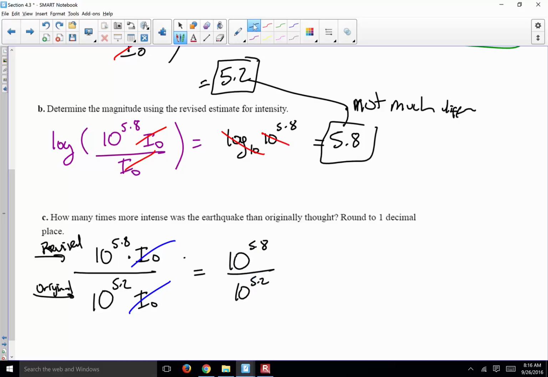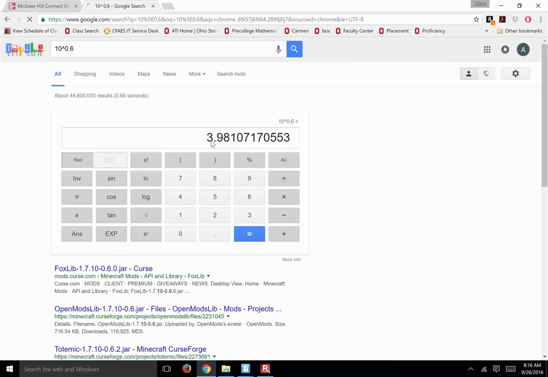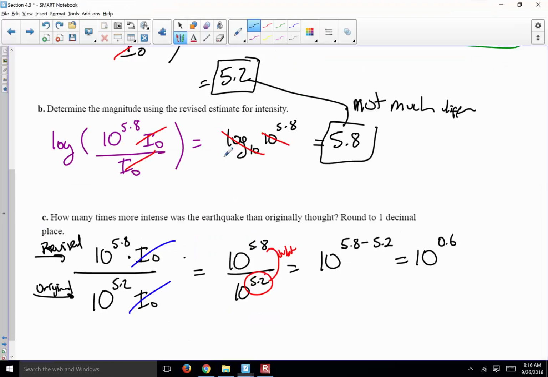If you have two exponential expressions with the same base, I can combine them by subtracting their powers. You subtract the bottom one from the top, and this is 10 raised to the 0.6. Now take a calculator and compute 10 raised to the 0.6. It's 3.981.